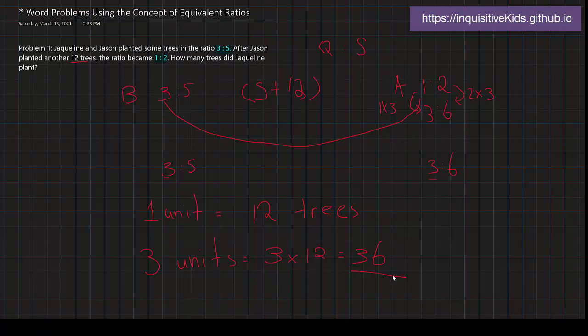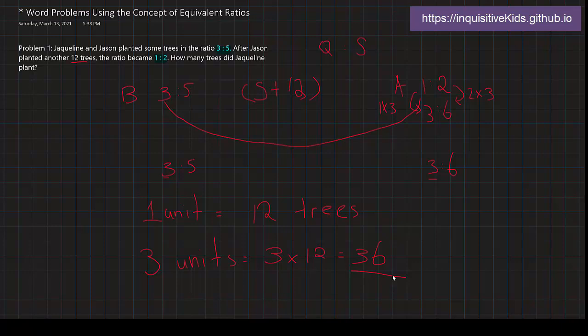So, let's conclude the solution for a minute. What we did was we changed the ratios into their equivalent ratios so that they're based on the same units. And then it made it easier to compare them, and it turned out that 1 unit was 12 trees.